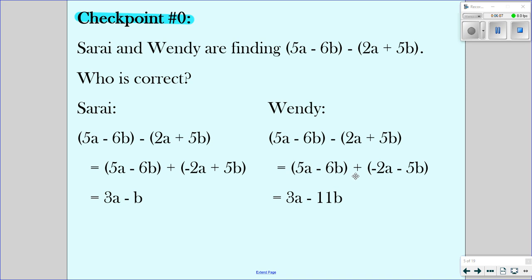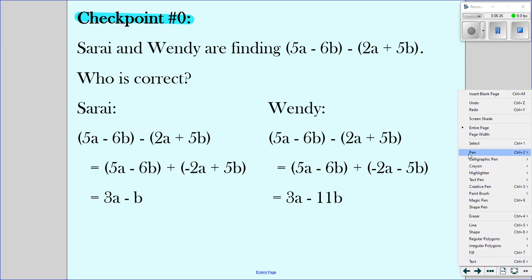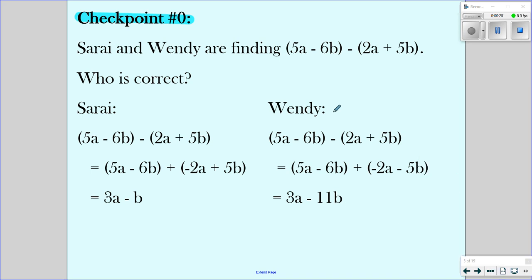Let's look at Wendy's work. She distributed, so it came negative 2a and a negative 5b, and then she combined the like terms, so 5a minus 2a is 3a, and then negative 6b plus negative 5b is negative 11b. So Wendy is correct because she distributed.